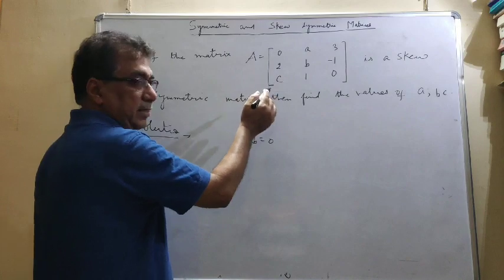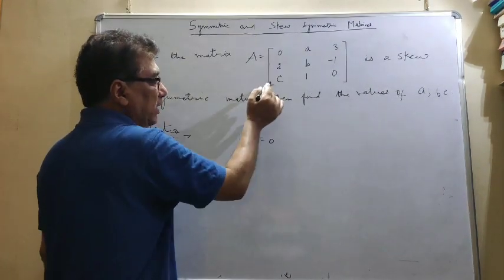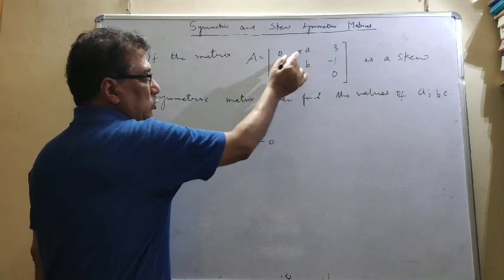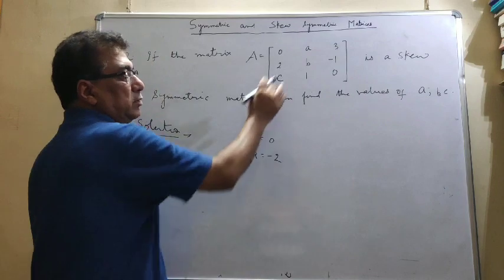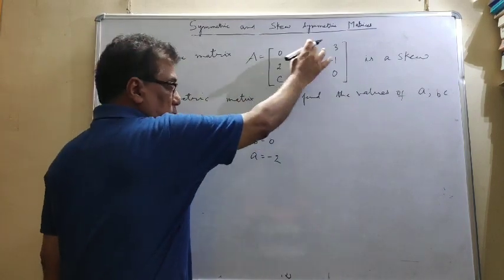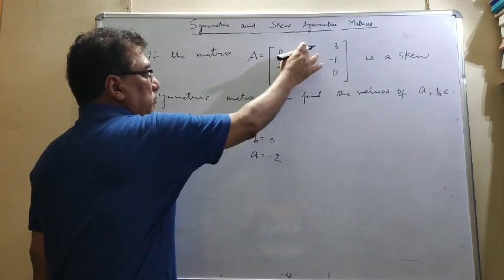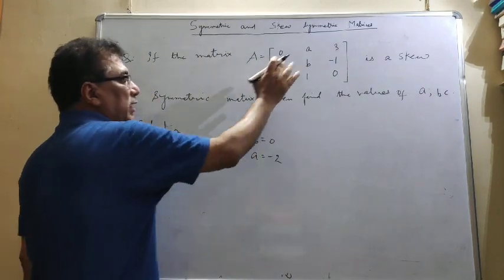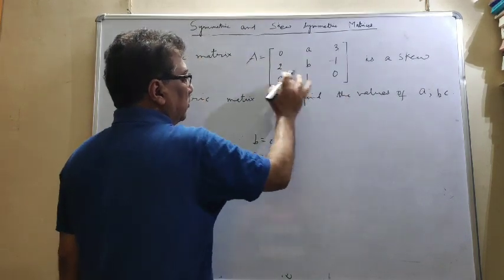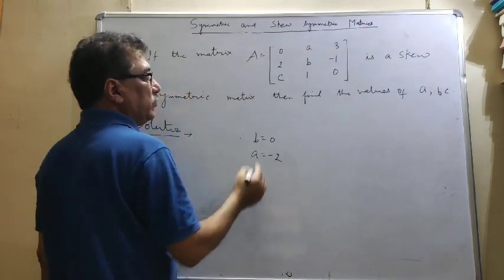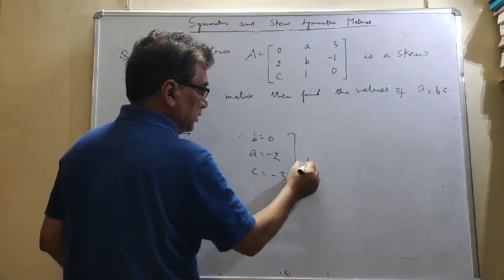Now second property of skew symmetric matrix is that Aij is equal to minus Aji. So A must be equal to minus 2, because the position of this A is first row and second column. This is second row and first column. So this must be negative of this one. And similarly, the element which is first row, third column, and this is third row, first column, they should be also negative to each other. So the value of C will be minus 3. So this is your answer.